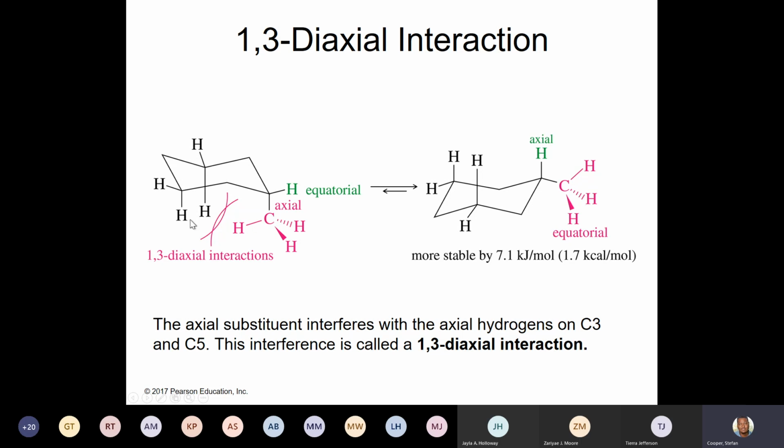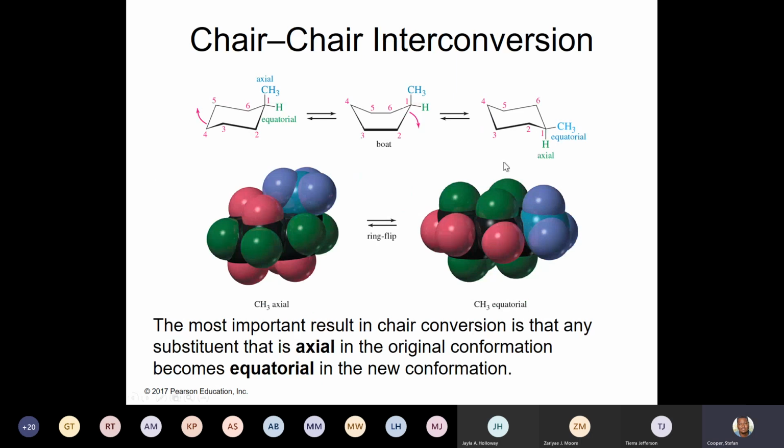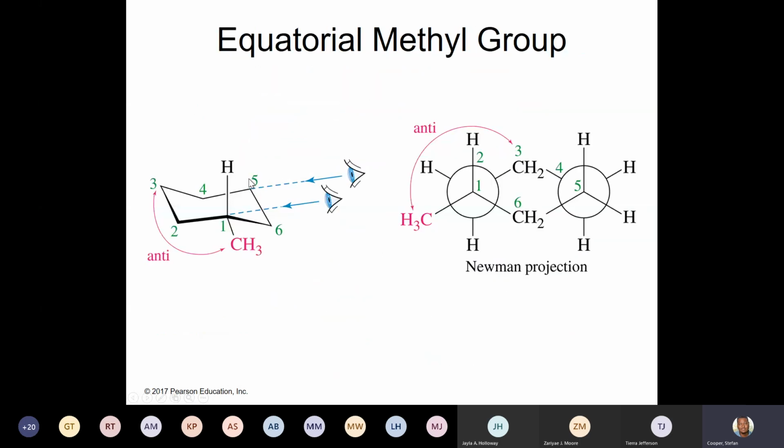This is the one I was trying to describe in the space filling model, that methyl hitting that red methyl. Let's go back to that. Right here is my 1,3 diaxial interaction. This is a bad interaction.